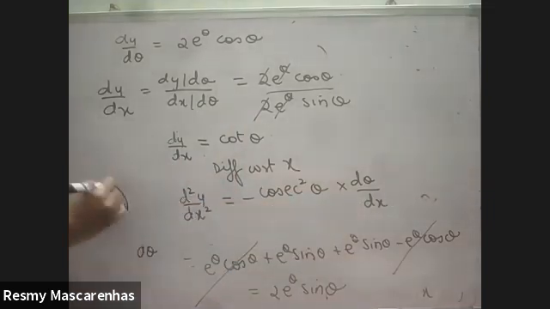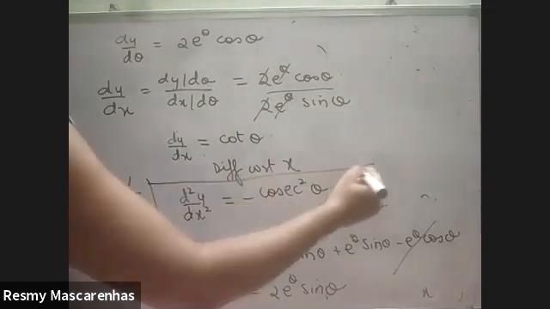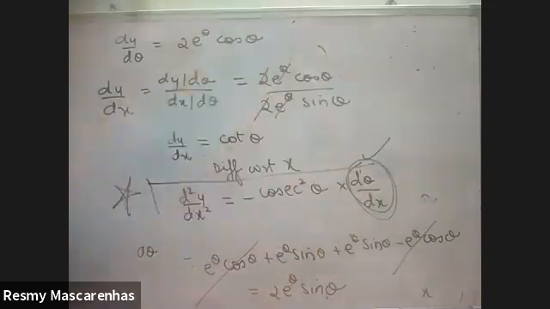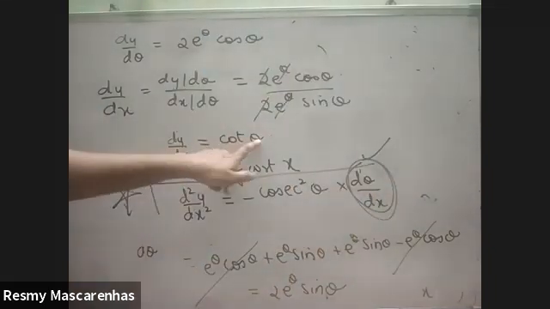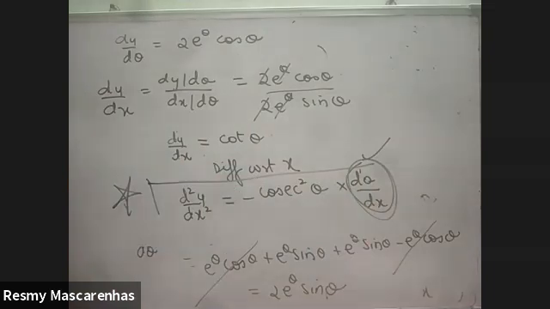So please put a star for this and keep this part. If it was t, this would have been dt upon dx. And from where you'll get this value, I always told you, refer here. What you had got, dx upon dθ is your answer. So dθ by dx will be the reciprocal of this.